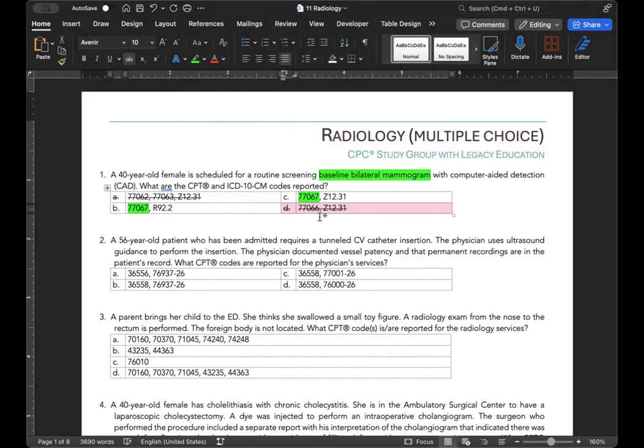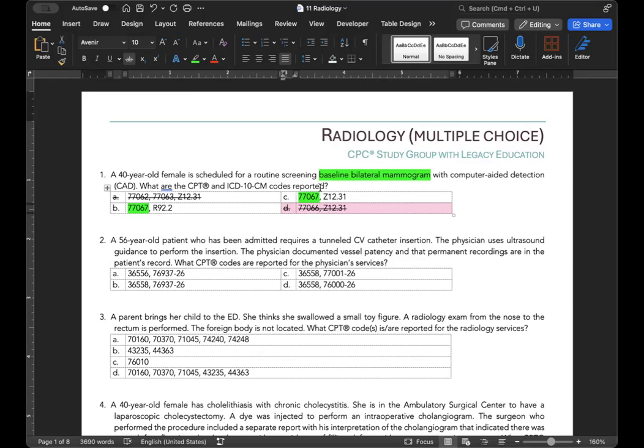So when you have screenings and they're not coming in with any complaints, then I always go to the Z code first because that should be our encounter for code. So let's just go to the Z12.31. And that is for encounter for screening mammogram for malignant neoplasm of the breast.